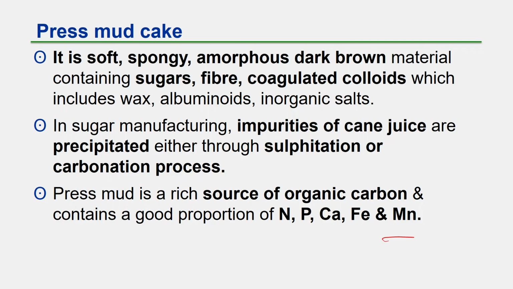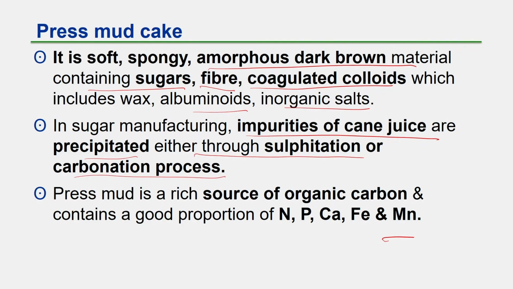Now pressed mud cake is also an important byproduct of sugarcane factories. It is a soft, spongy, amorphous, dark brown material containing sugars, fiber, and coagulated colloids, which include wax, albuminoids, and inorganic salts. In sugar manufacturing, impurities of cane juice are precipitated either through the sulfitation or the carbonation process. There are two different processes.